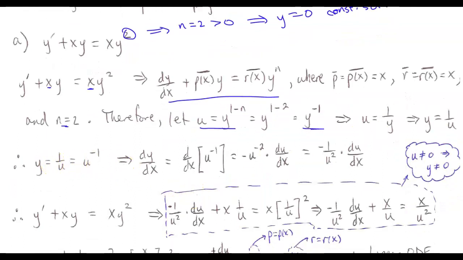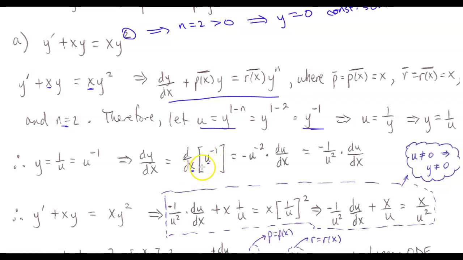And of course, now that we have y written in terms of u, we can figure out what dy over dx is. And in this sense, notice that u and x aren't the same variable, so we are going to have to employ the chain rule. Because remember, u is assumed to be a function of x, even though it's not explicitly stated.